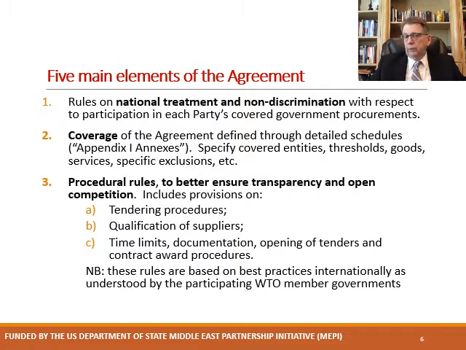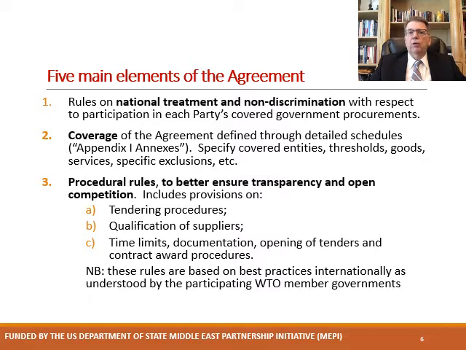They are legally a part of the agreement, and they specify for each individual GPA party things like the ministries that are covered under the agreement by that country, the other government entities, perhaps state-owned enterprises or public utilities that are covered by that participating government. They also specify thresholds. This is a very important element.